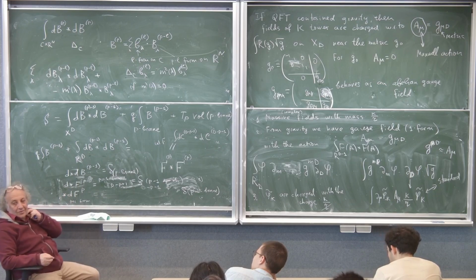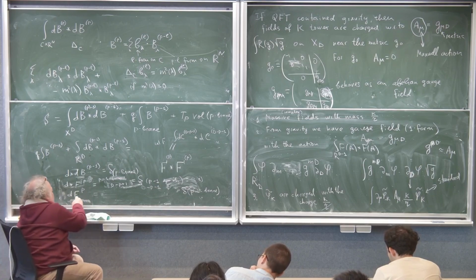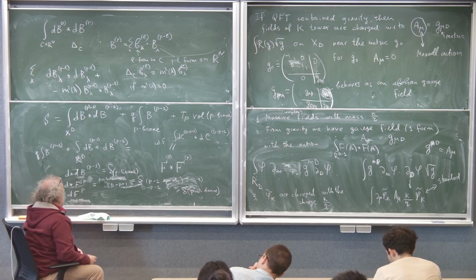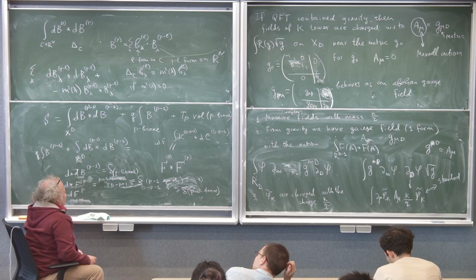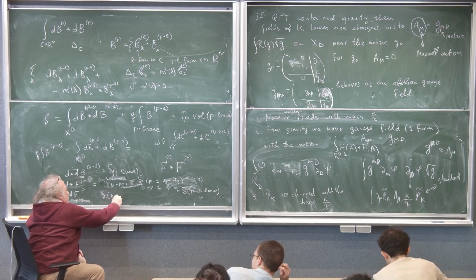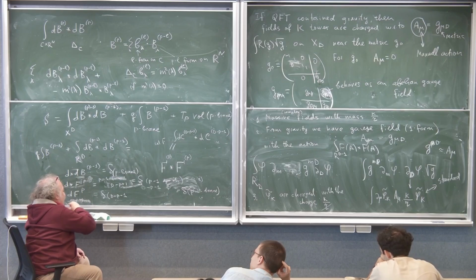Okay, and this is p plus 1 dimensional form, and p plus 1 dimensional form is a delta function on a D minus p minus 1 dimensional object. Okay, you need to introduce p prime for the object.